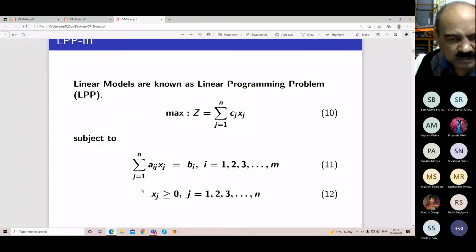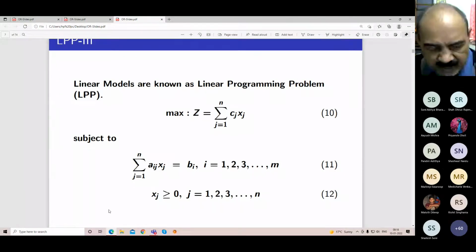Square system means the number of variables equals the number of equations. If the system is consistent and has only one unique solution, then this problem has only one solution. In this case there is nothing to do; whatever solution we find is the optimal solution. I am repeating again.